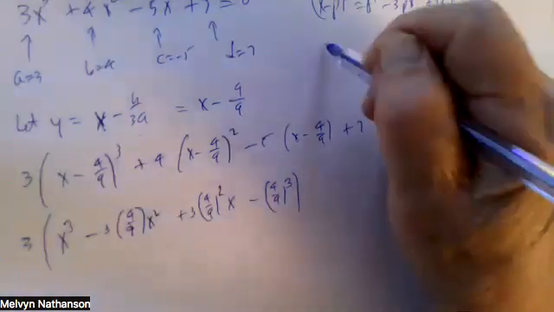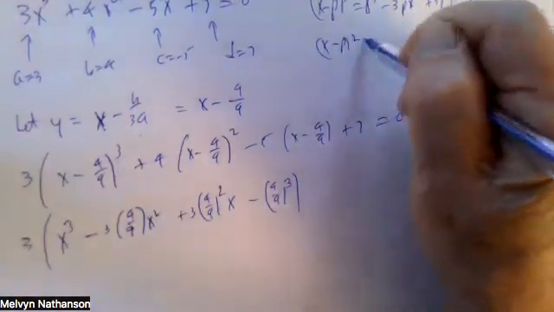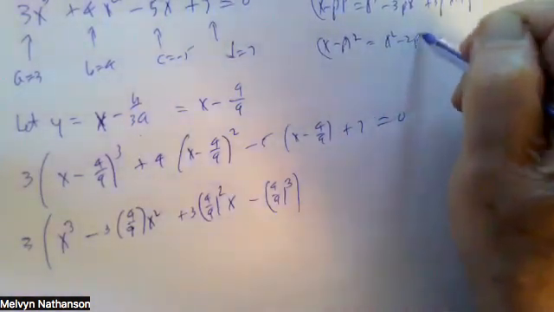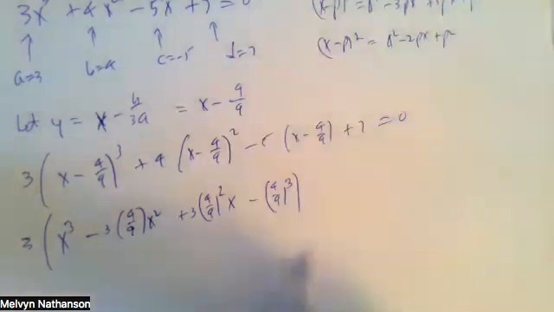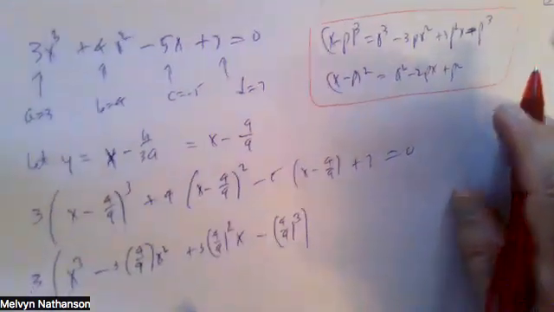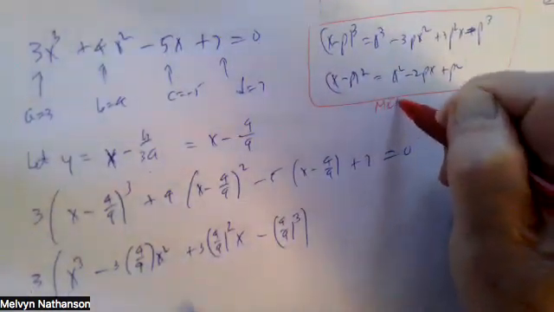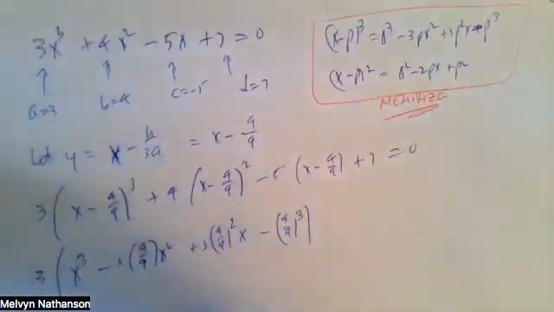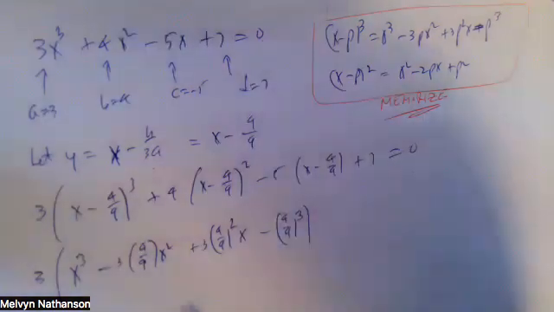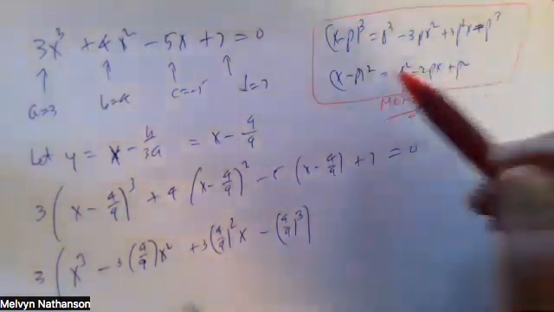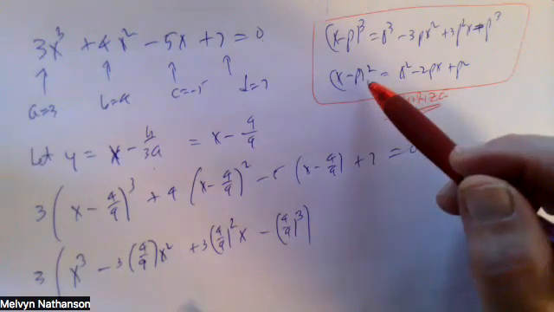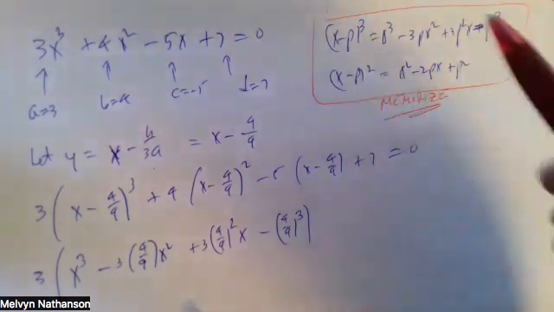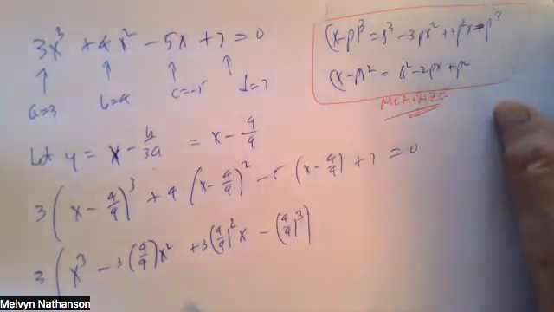Just as you know that x minus p squared is x squared minus 2px plus p squared. Again, if you don't know these, memorize them. Just like you had to memorize the times table, 3 times 7 is 21, you have to memorize these expansions of a binomial, quadratic, and cubic, right? You have to know this.